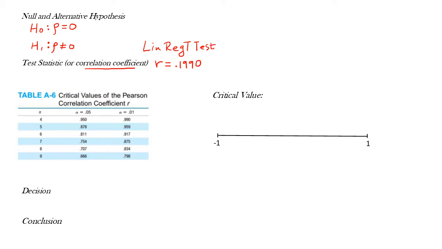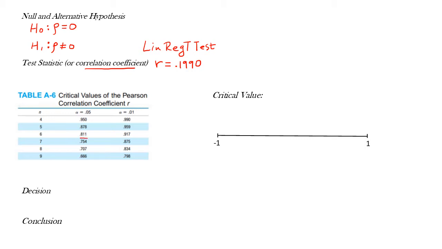Once we have the correlation coefficient, we can compare that with the critical value. In this case, I'm going to avoid the p-value method and just look at the critical value. In this case, we had 7 data points and a significance level of 0.05.